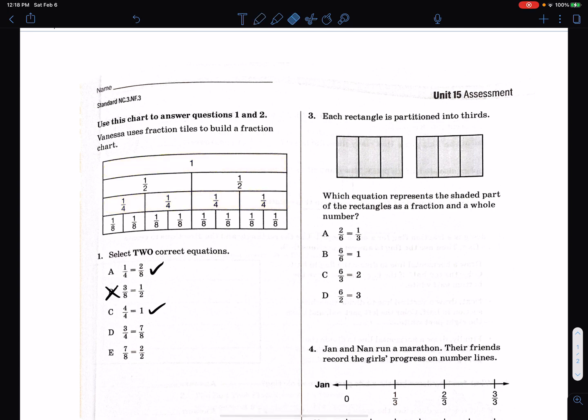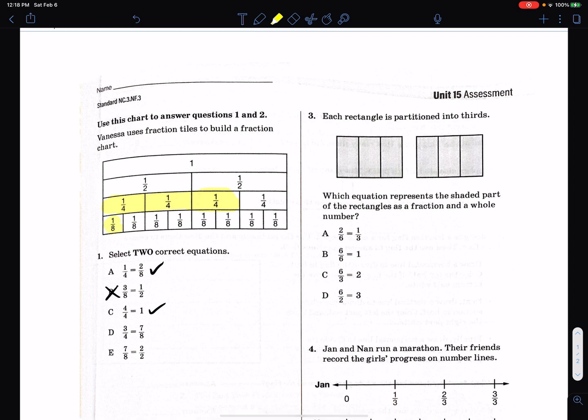And to continue to check, because I do want to make sure, D and E, I want to check those just in case. So letter D, they're saying 3/4 is equivalent to 7/8. So let's color in 3/4. 1, 2, 3. And they say 7/8.